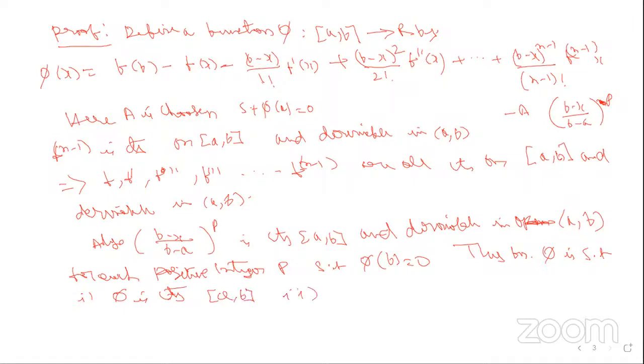Second, phi is derivable in open interval (a, b). Third condition, phi of a equal to phi of b.